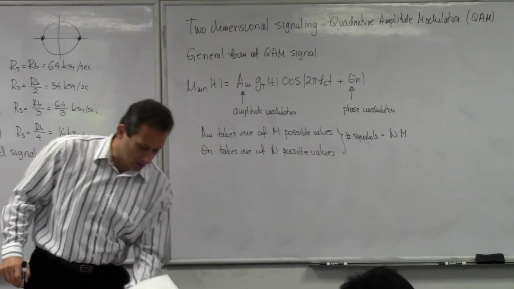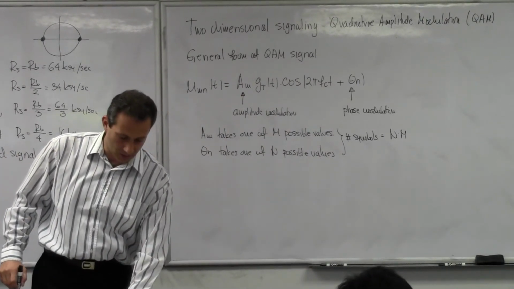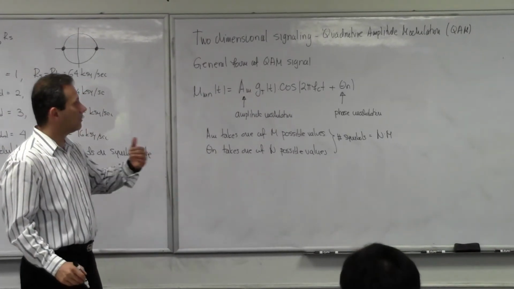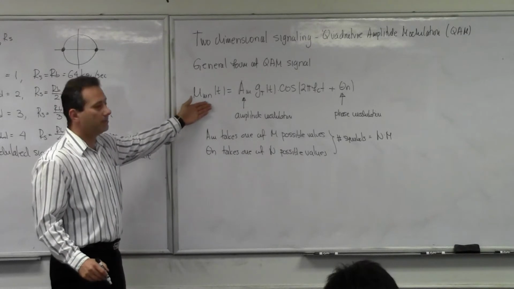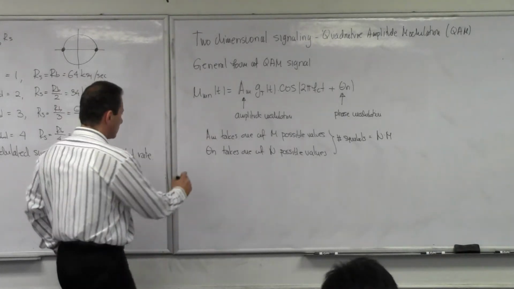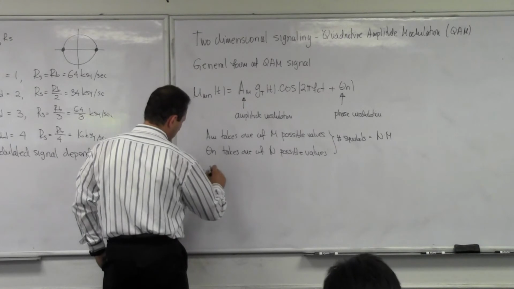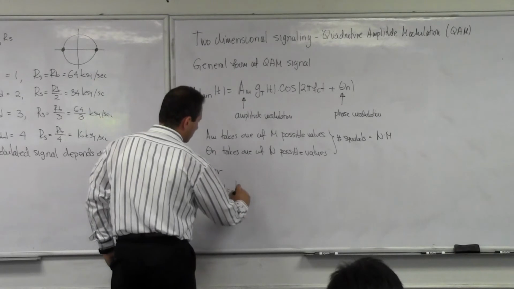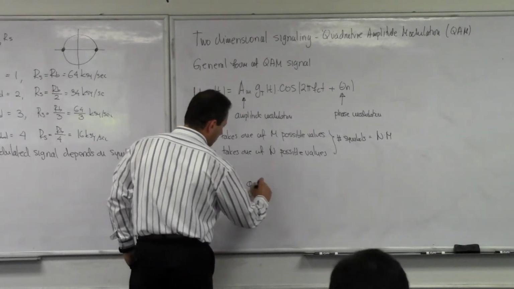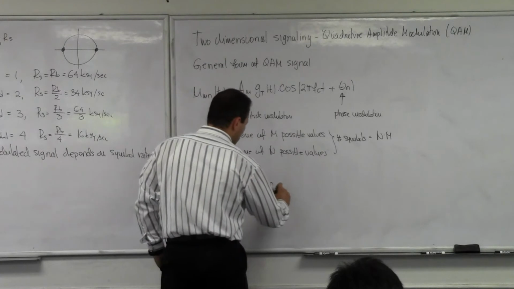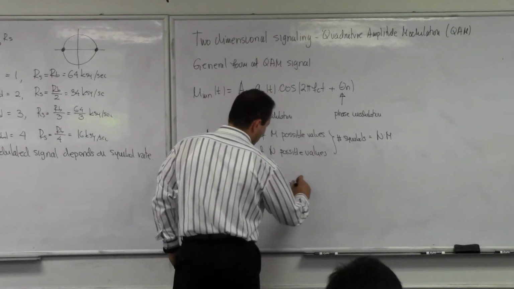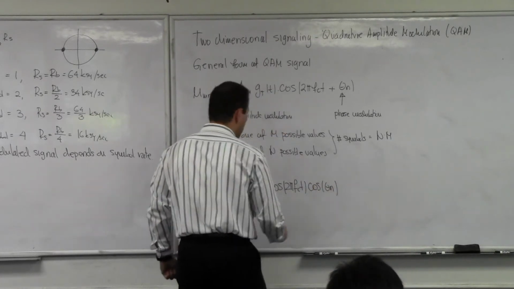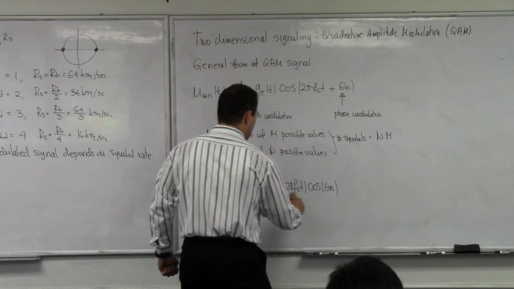Now let me first demonstrate that this is indeed two-dimensional modulation, and this will also teach us how we construct it and how we build a modulator that can actually make the signal that looks like this. So consider this. U m n of t can be written as A_m g_T of t times cosine 2 pi f_c t cosine of theta n. And then let me actually do it this way.